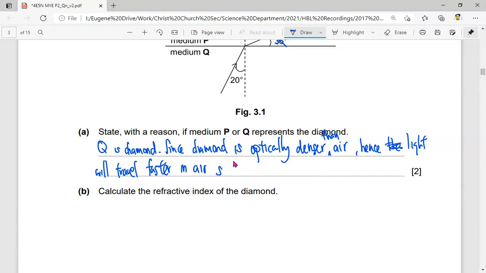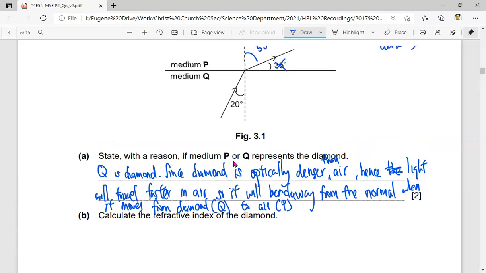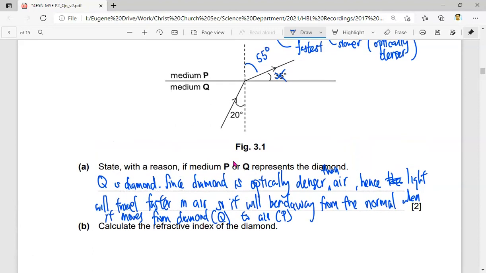So it will bend away from the normal when it moves from diamond, bracket Q, to air, which is P. Because the light bends away from the normal, I know that in medium P it must be traveling faster. That's why I can draw this conclusion.